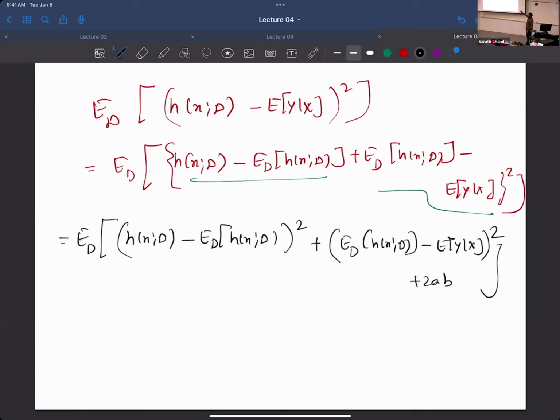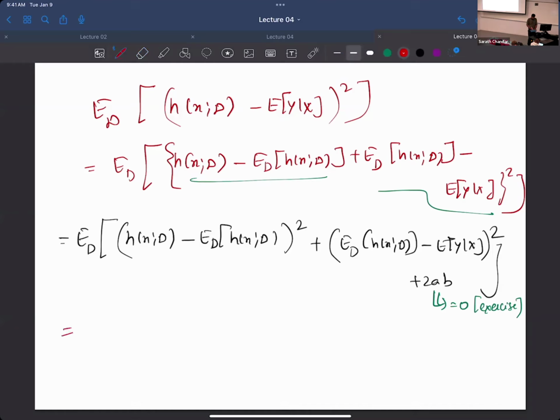So you can do the same exercise as before. When you do this 2ab, you will find that 2ab is actually equal to 0. I'm going to leave it as an exercise, so you can try doing that. So there are just two terms. Okay, so I'm going to rearrange these terms.